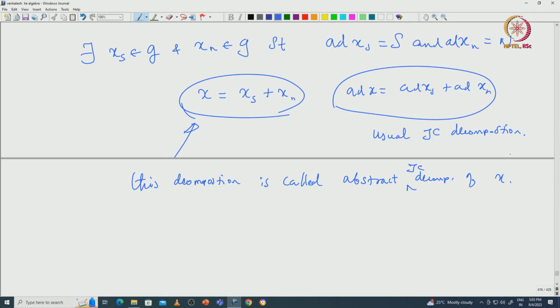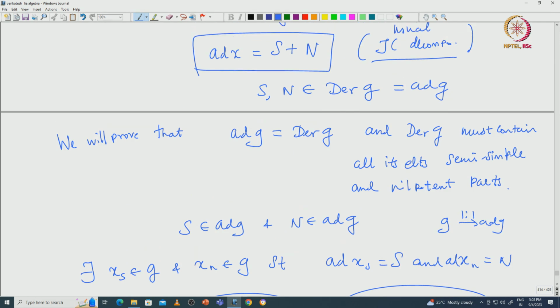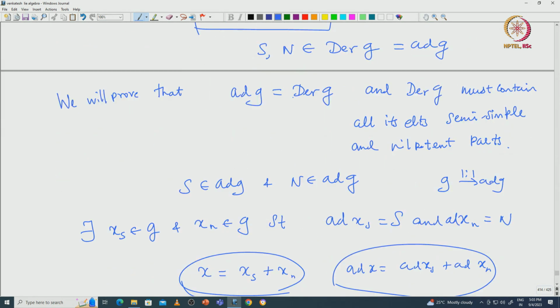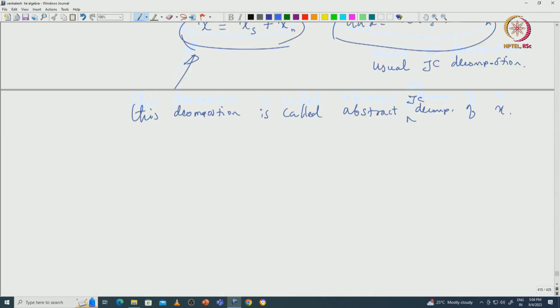To define even the abstract Jordan decomposition, we need a couple of facts. One is that Der G contains all its elements' semisimple and nilpotent parts, and ad G is equal to Der G when G is semisimple. This is what allows us to define the abstract Jordan-Chevalley decomposition.